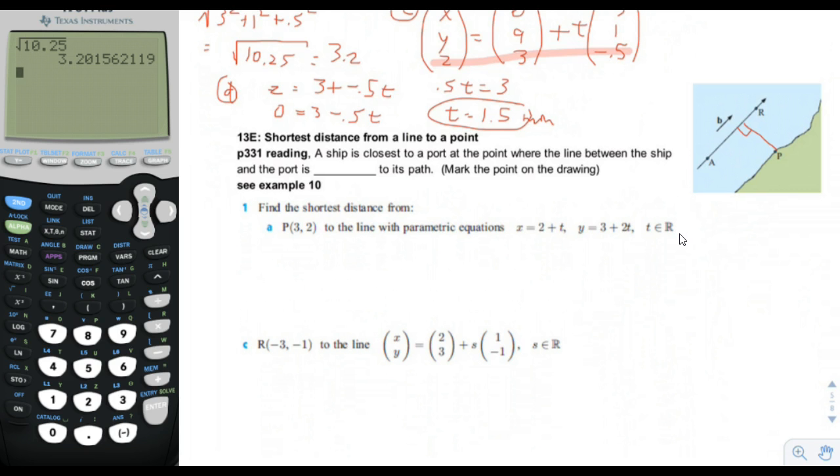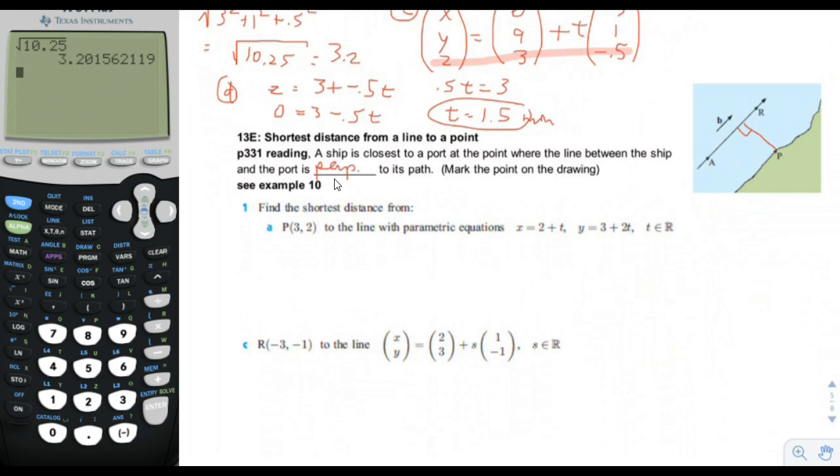So the red vector's scalar product with vector b should give you 0 because you want them to be perpendicular. A ship is close to a port at the point where the line between the ship and the port is perpendicular to its path.